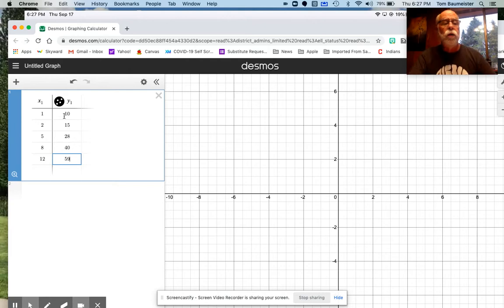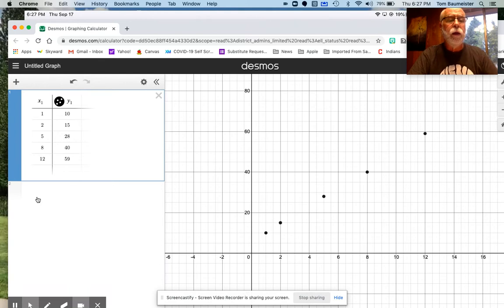So again, make sure, ladies and gentlemen, you're okay there. All right. And once we have that, somebody just showed me this. We can't see them, but if we click on this plus sign over here, it's called a zoom fit, and we can see our graph right there, which was nice. Thank you, whoever told me that.